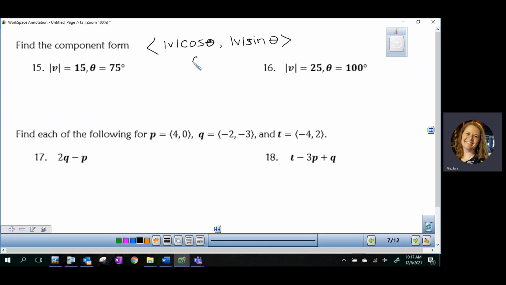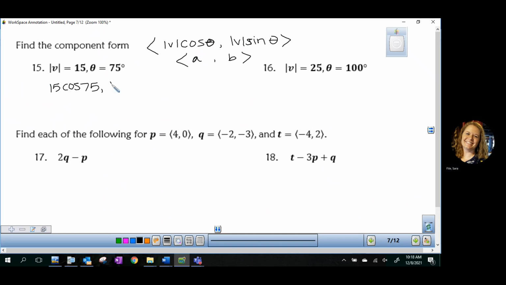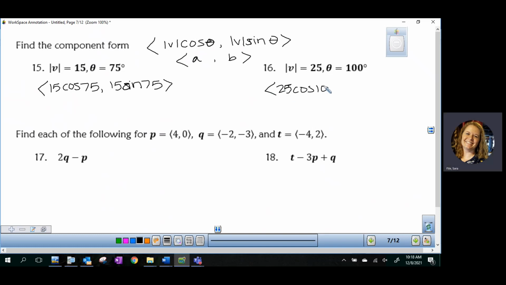That's to get your horizontal and vertical components there. So this one would be 15 cosine of 75 and 15 sine of 75. This one would be 25 cosine of 100, 25, oops, I wrote cosine again, sine 100.